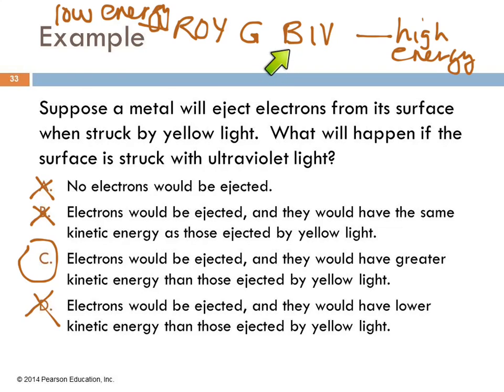Would we get electrons being ejected? How would their kinetic energy compare to those from the ultraviolet light? Less energy. Okay? So this sort of a question, you should be able to think about it more in a conceptual way than necessarily in a mathematical way. But sometimes we just have to see the math before we can understand the concept.